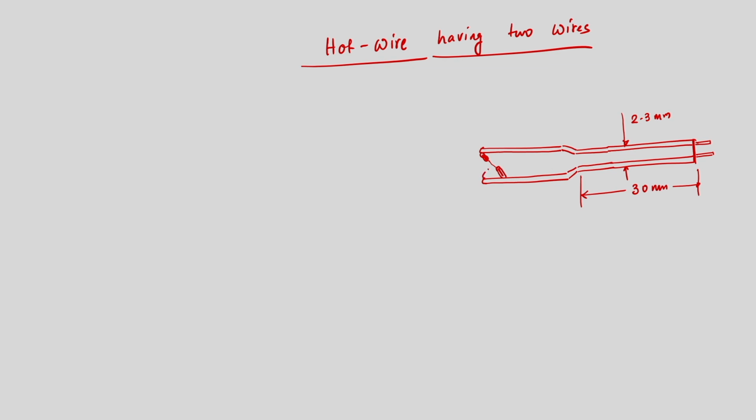And these wires are placed at right angle to each other. So, this is a hot wire having two wires, and these two wires are at right angle to each other.